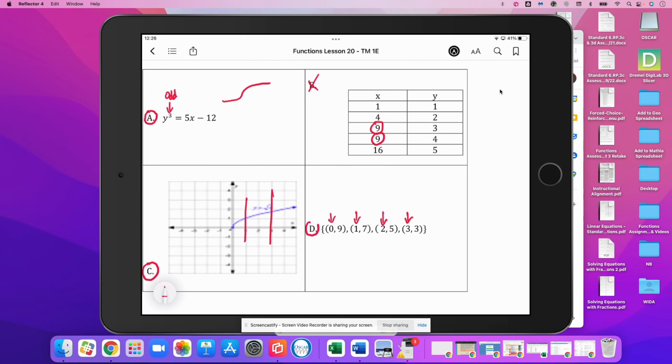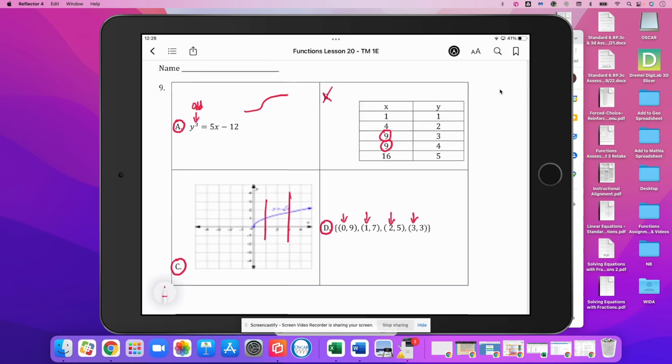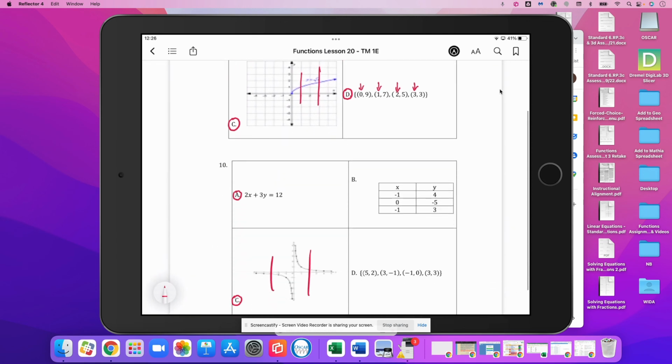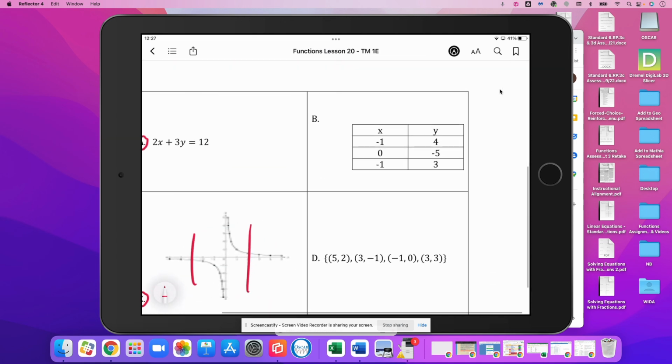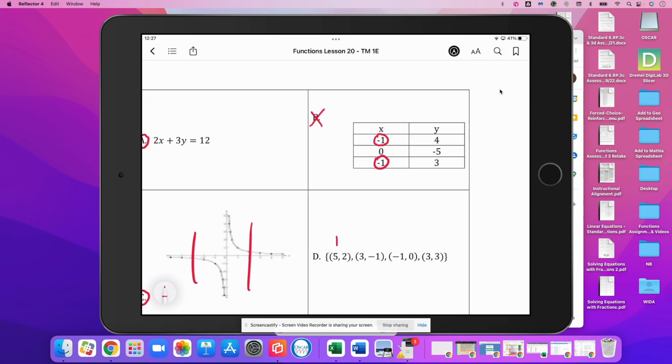So no repeats. That is a function. And lastly, number 10, I do have a repeat here of negative 1. So not a function. And then I go 5, 3, negative 1, 3. These 3s repeat. So nope. That is not a function.